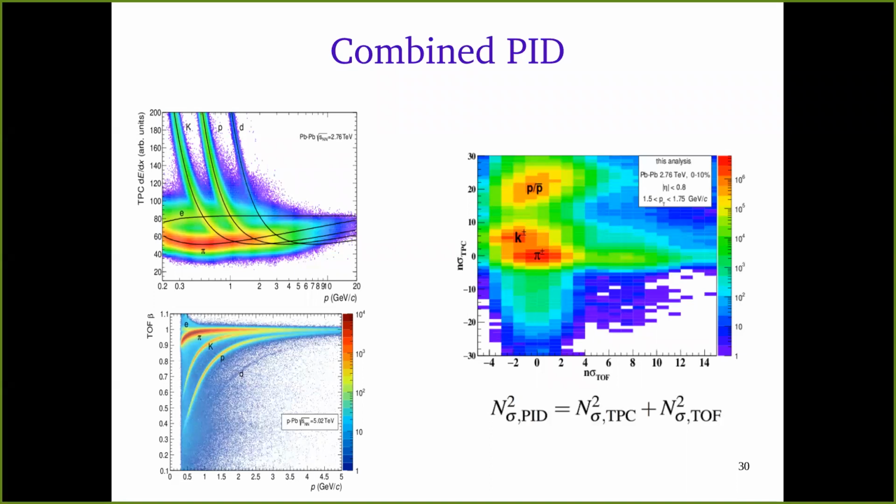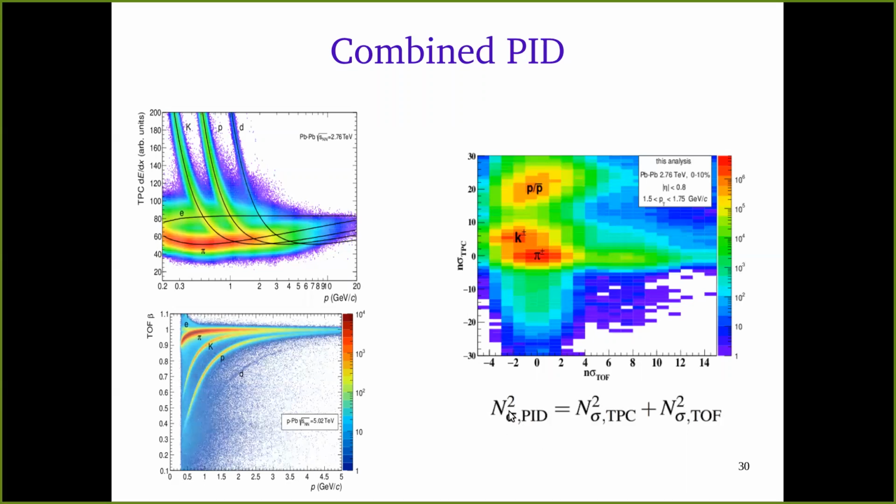Now, based on this two-dimensional plot, if you want to do the selection, for the sake of easiness, to cut out the proton, which is quite far from the pion and kaon band, you can just cut a circle around it using this formula.